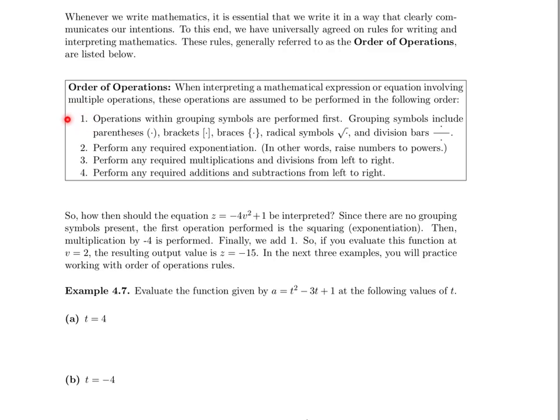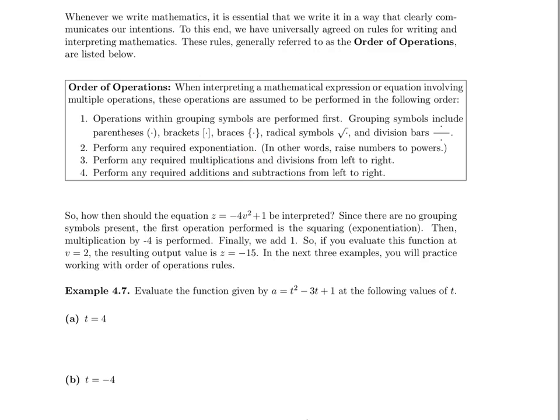First of all, any operation within a grouping symbol is assumed to be performed first. Grouping symbols include parentheses, brackets, braces, radical symbols, and division bars. Second, any required exponentiation is done next.